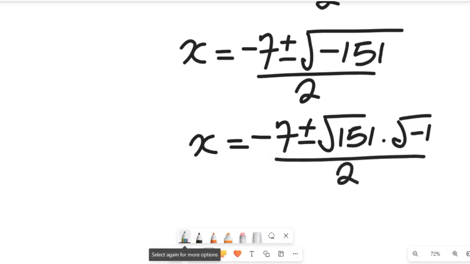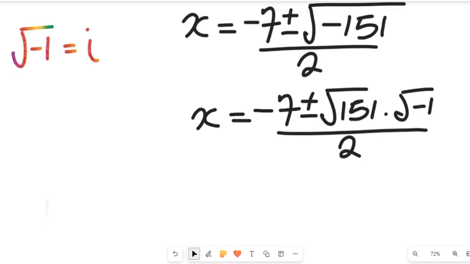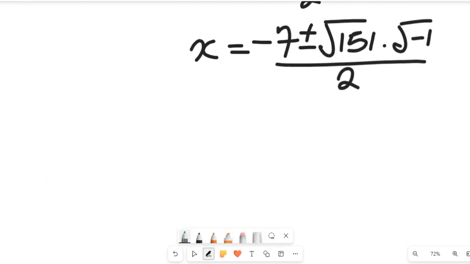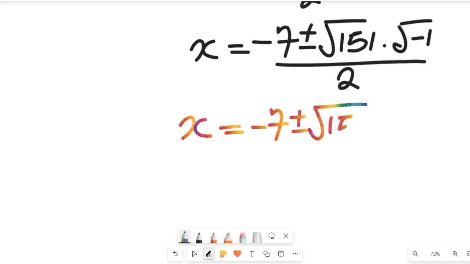Now recall that the square root of negative 1 is always equal to i, the imaginary unit. If we apply that here, x will be equal to negative 7 plus or minus the square root of 151 times i, divided by 2.